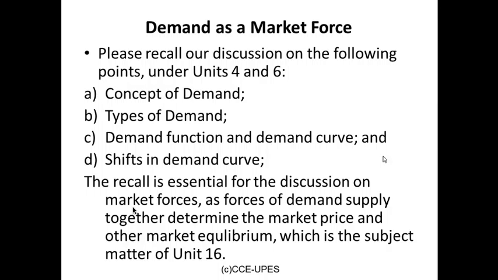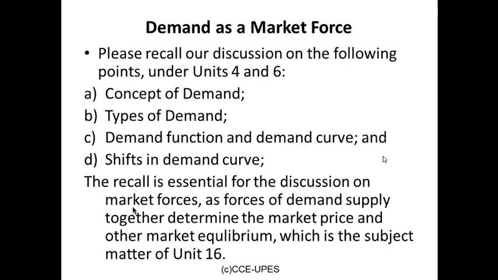The autonomous and derived demand. Autonomous demand, as we studied earlier, is the demand for goods which is not tied with the demand of some other good. That's autonomous. And when it is tied, it is derived from the demand of another product.